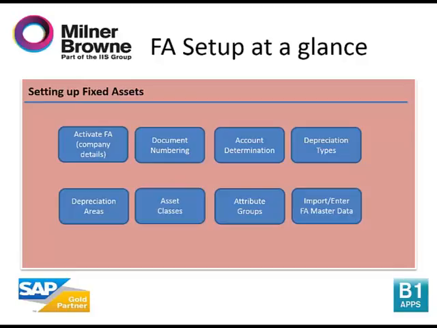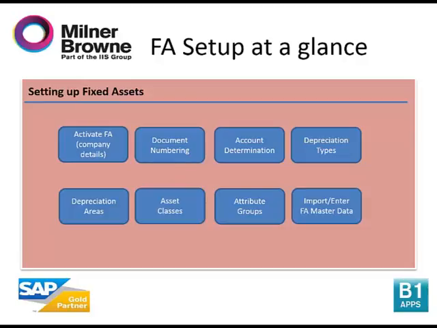Then we have the depreciation areas. Again, this allows you to define multiple depreciation areas for your required reporting. Just to note, only the main area is considered when posting the journal entry to the system. And the main area, again, is a tick box that's defined on the depreciation screen during setup.